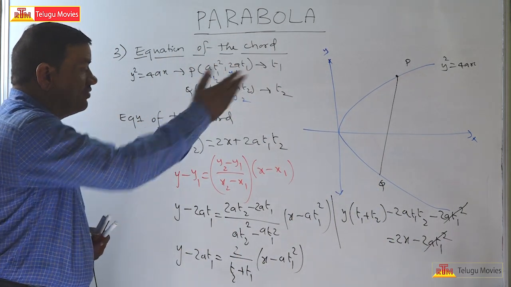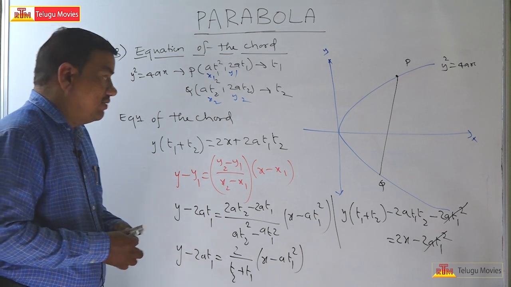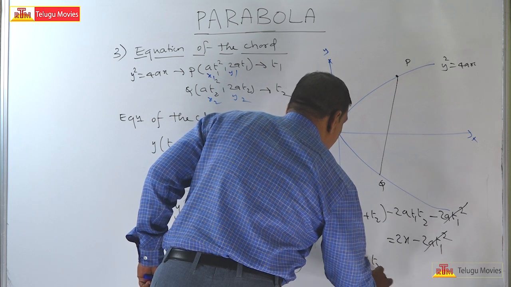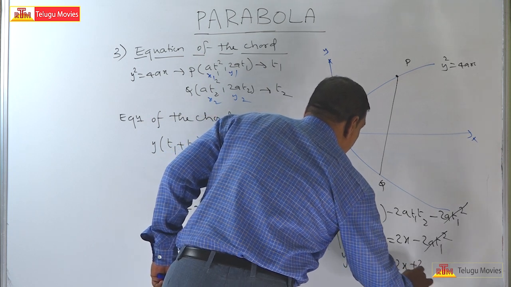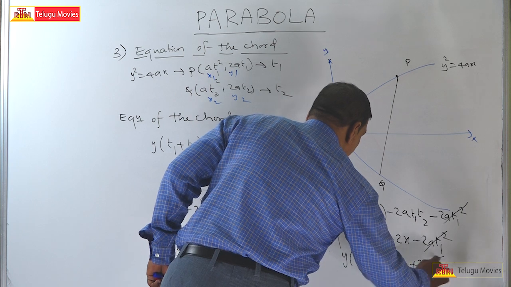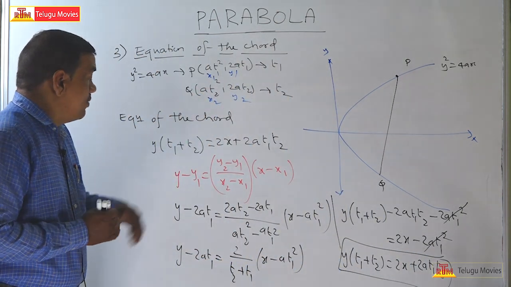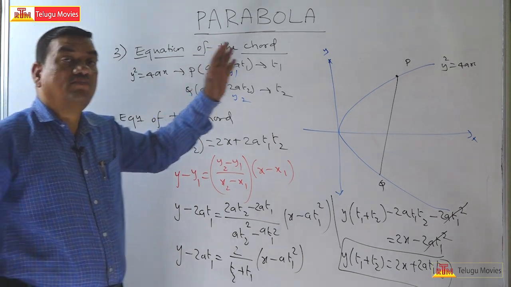So take that value to the right hand side. Ultimately you will get the equation of the chord, that is y(t1 plus t2) is equal to 2x plus 2a times t1 t2. So this is the brief proof of the equation of the chord.